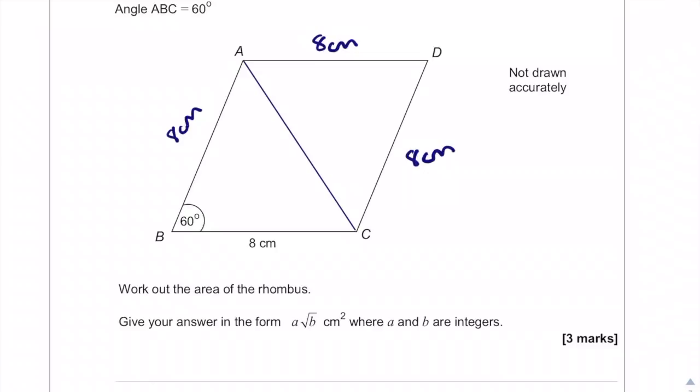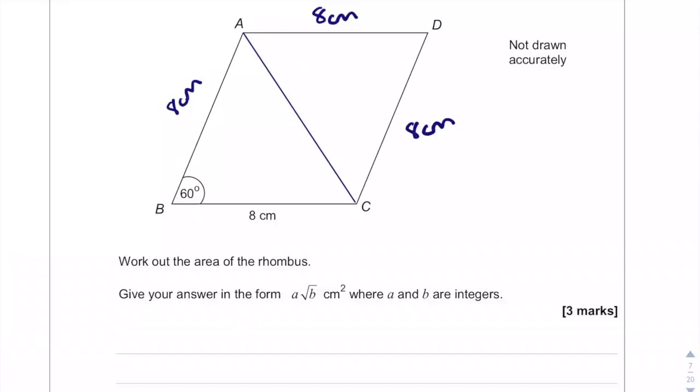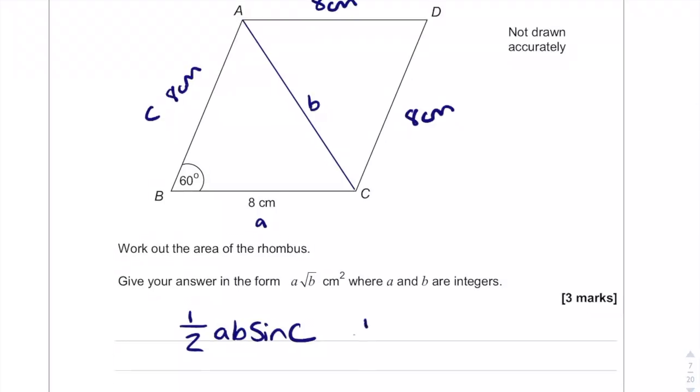But because this triangle is not a right angle triangle, we need to use the formula for the area of a non-right angle triangle, which is a half ab sine C. But let's say this is small a, this is small c, and this is small b. What we're actually saying is a half ac sine b.